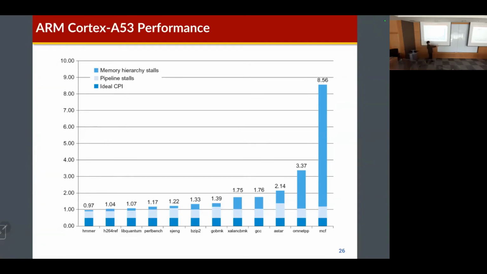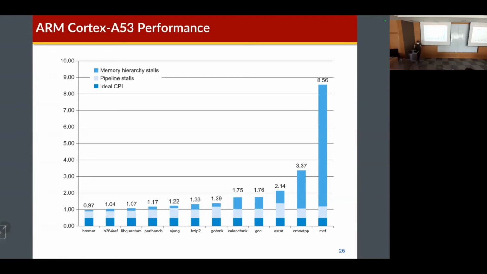For this benchmark, MCF, the clock cycles wasted by the memory system are really high. Because of the slow memory system, performance is nearly 16 times slower than the ideal performance, right?